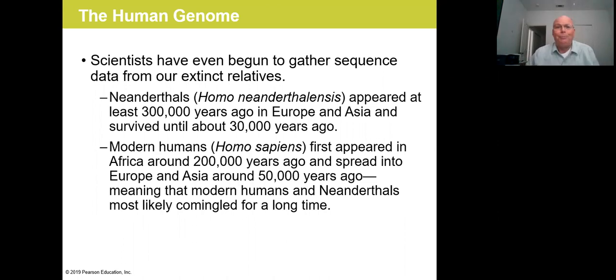And we had sex with them when we encountered them, or when our ancestors encountered them. And there's even now evidence that suggests that Neanderthal genes were actually carried into sub-Saharan Africa.